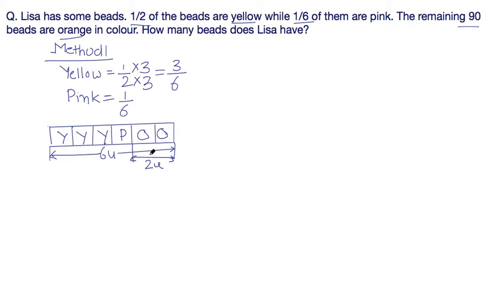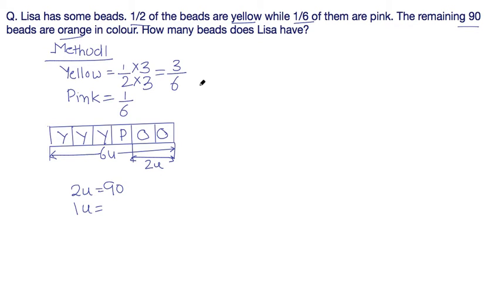Now what else do we have in the question? The remaining 90 beads are orange in color. That means what? From here we can straight away say that 2 units is 90, right? So how much will be 1 unit? It is 90.